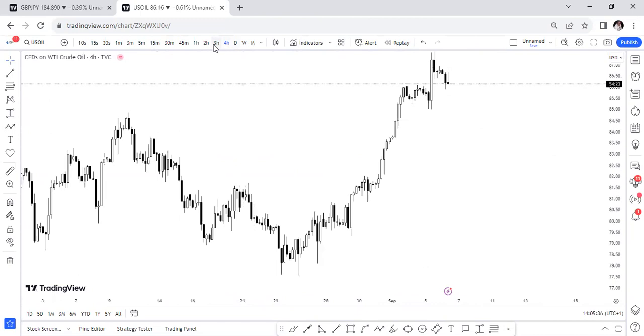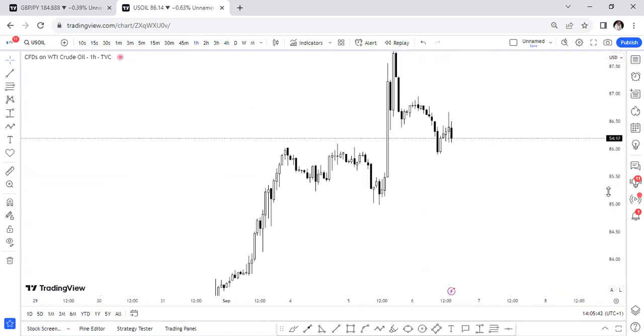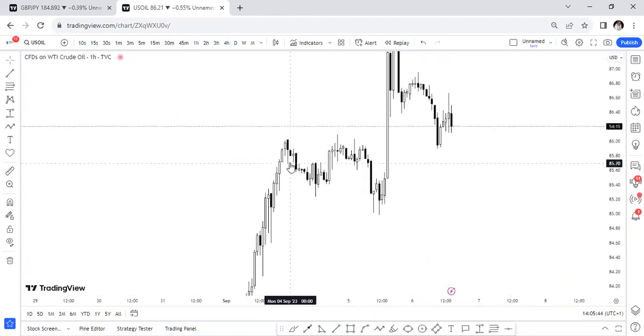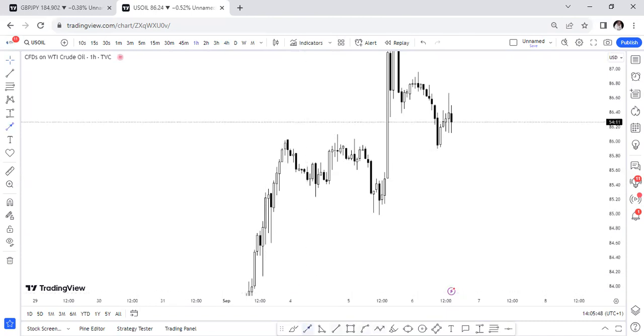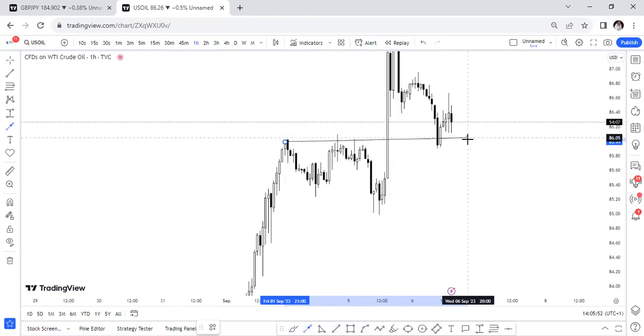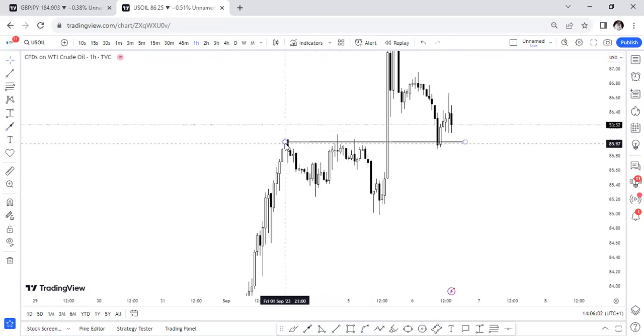You can see if you go to 1 hour, see what happened in the past. Under 1 hour, you can see price reacted here to this SNR.